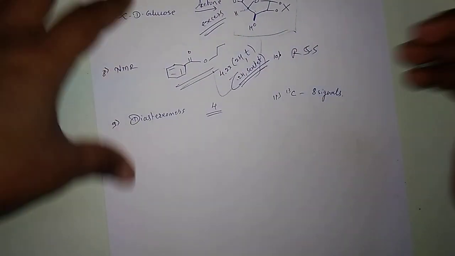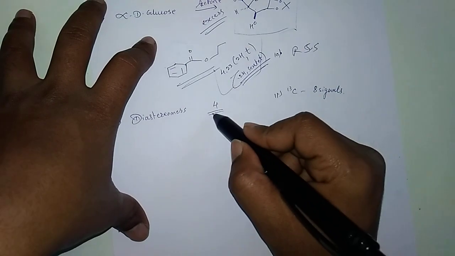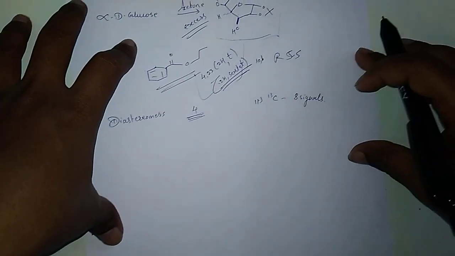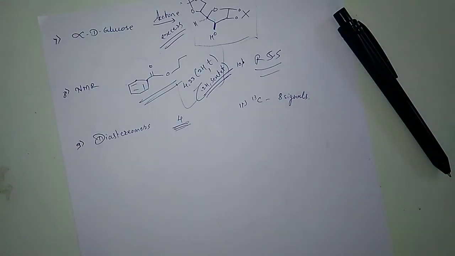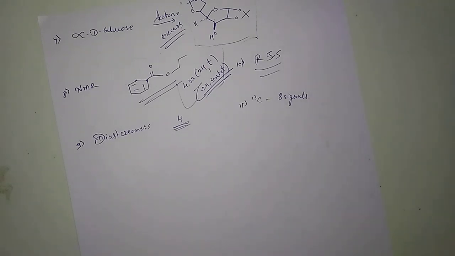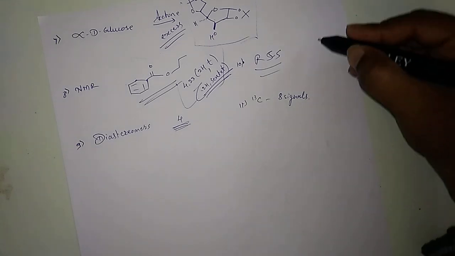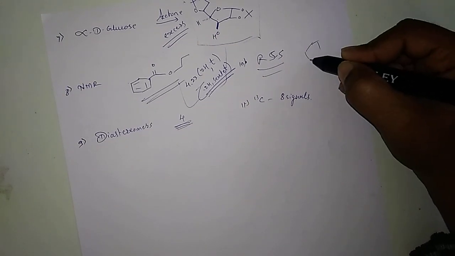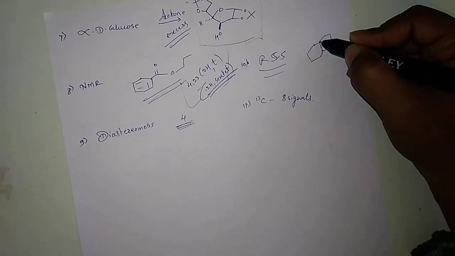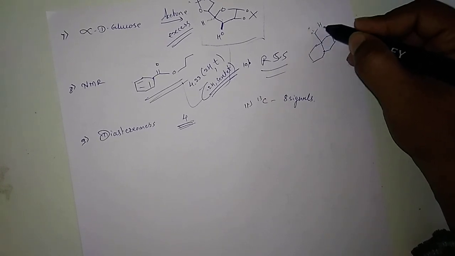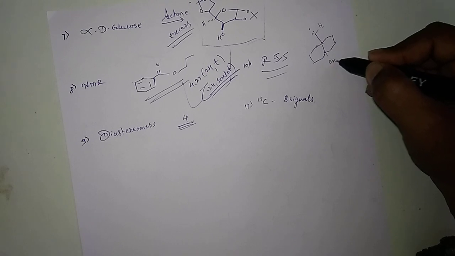Yeah, then there were some sets given, and out of those you have to find out some sets of diastereomers. According to my knowledge, there were 4 sets of diastereomers. Then there was one more question, you have to find out the stereochemistry of 2 centers, which were nominated as, I think, 4A and 8A. Now exactly I don't remember the stereochemistry of which thing, but there was a bicyclic compound. One had OH, and one had this one.